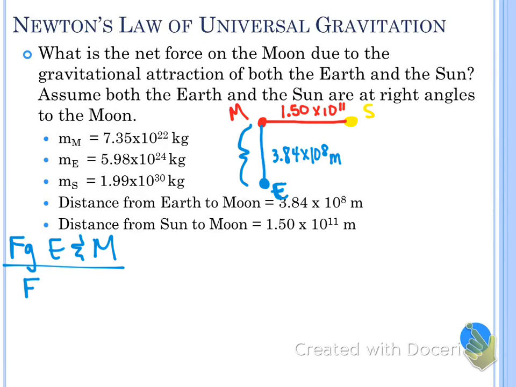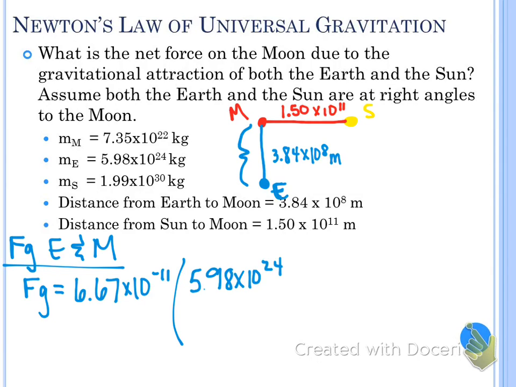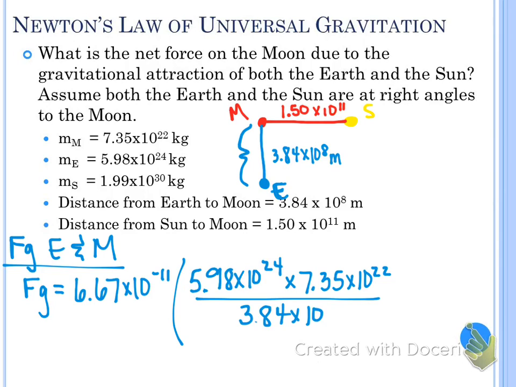So F sub g is equal to big G times the mass of the Earth, 5.98 times 10 to the 24th, times the mass of the Moon, which is 7.35 times 10 to the 22nd, over the distance between those two objects squared. We square that whole term.